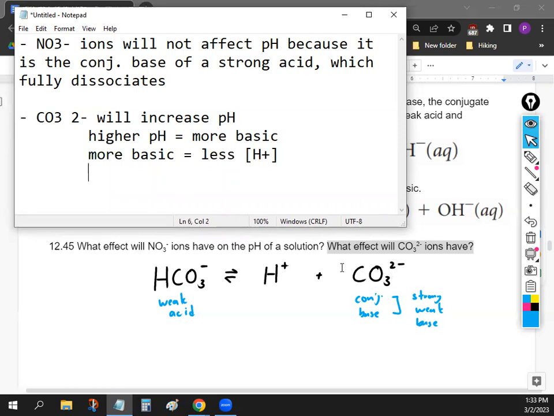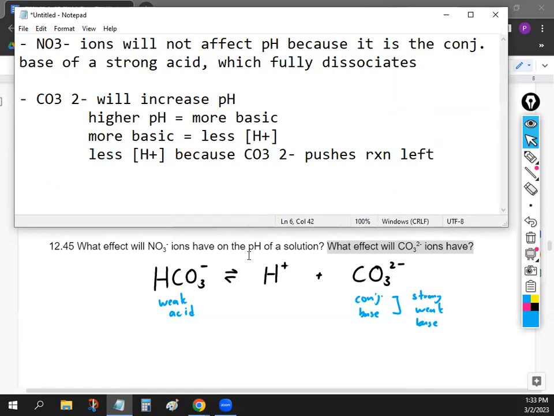If something is more basic, there is less H plus. And there is less H plus because CO3 2- pushes the reaction left. If it pushes it left, that means it's going to decrease the amount of this, which means less H plus, more basic, higher pH.